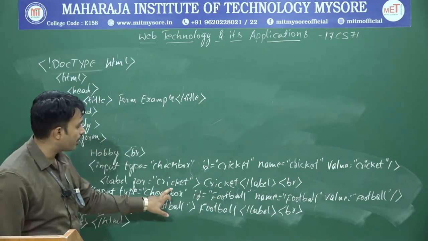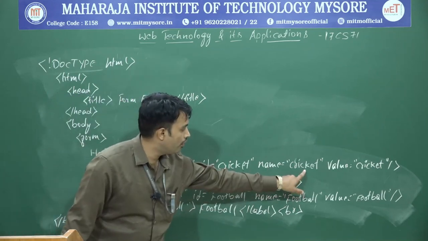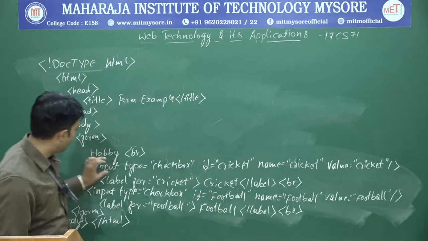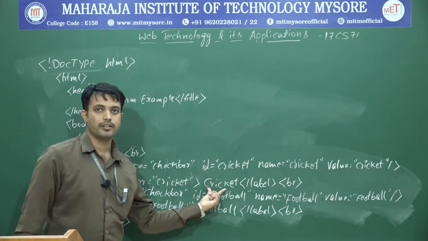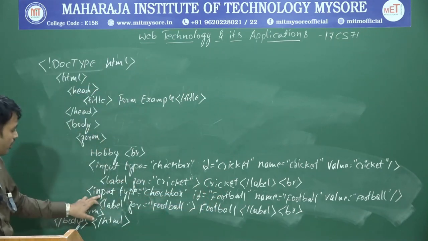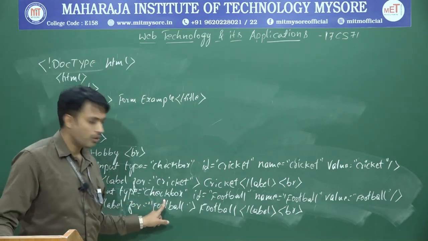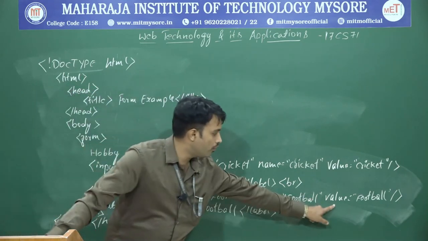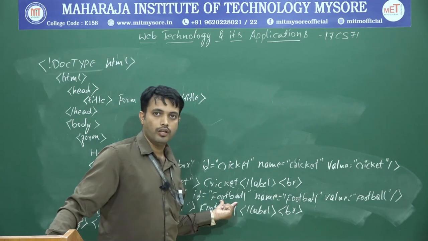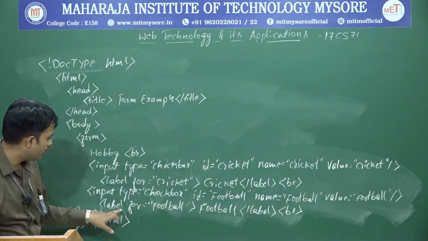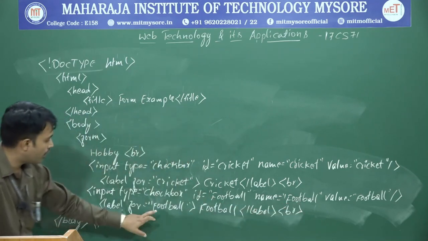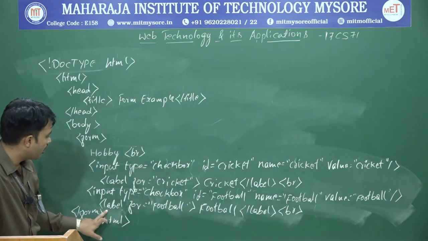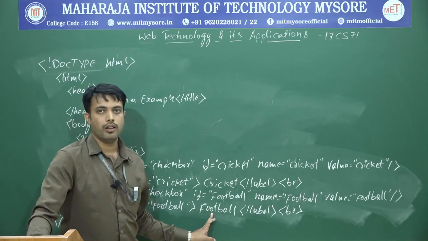Your for equals cricket, that means your name equal to cricket, right? So for this input we insert a label, cricket. Next input type again checkbox, with id, name and value all football. Here for football, your name is football, right? For that football we insert the label called football.